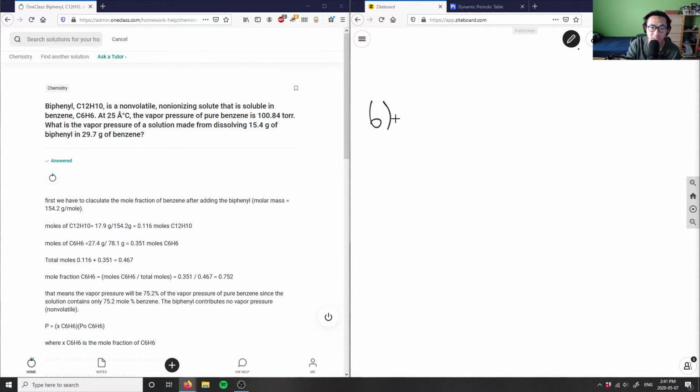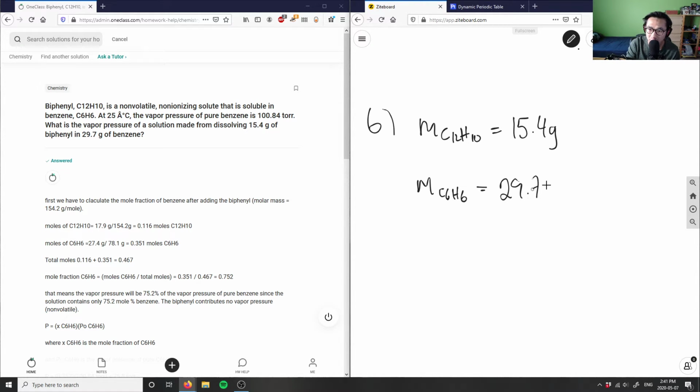So biphenyl, again, I have C12H10, right? Let me write this down. I've been given the mass of both of these. The mass of C12H10 is equal to 15.4 grams, and the mass of benzene, which is C6H6, equals 29.7 grams.